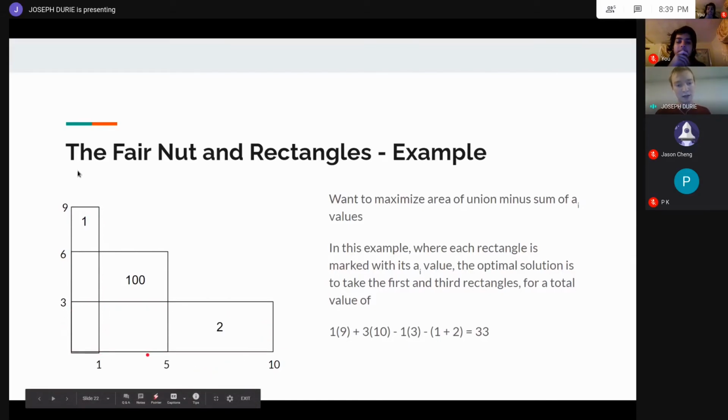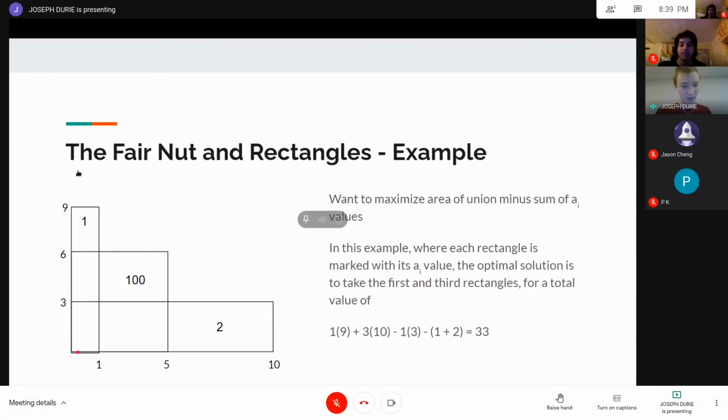because this gives you a value of... The area of the union is 1 times 9 for this rectangle, plus 3 times 10 for this rectangle. Then we subtract out the area they overlap, which is this rectangle here, which has an area of 3.